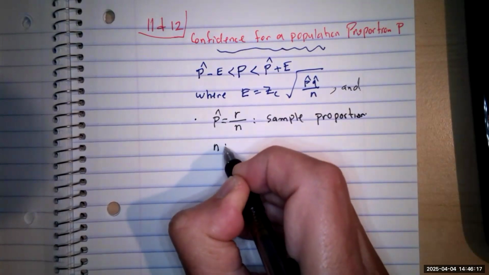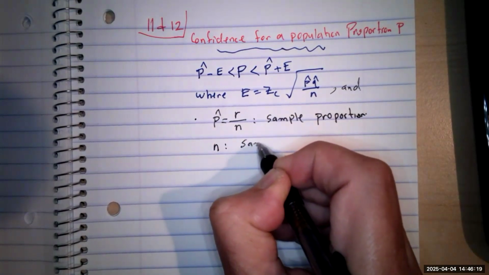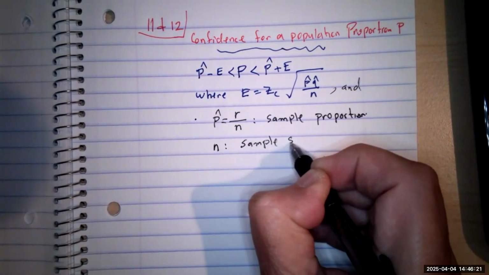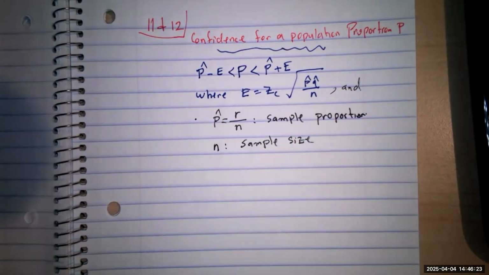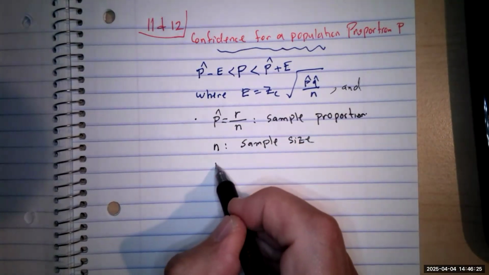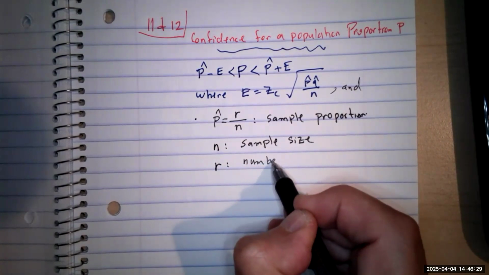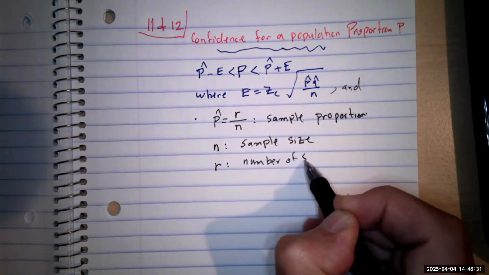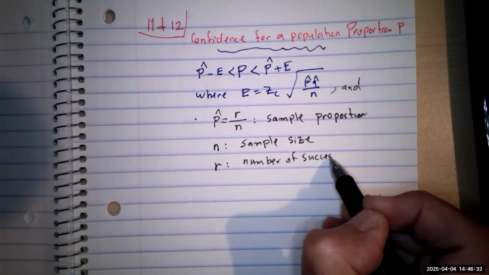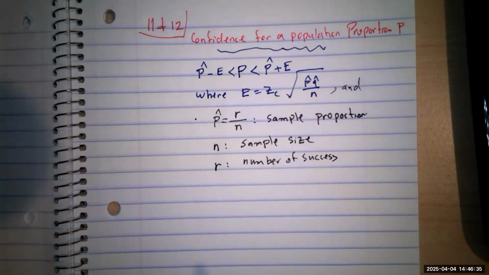N is the sample size. R is the number of successes, because it's a binomial distribution, the number of successes or the item of interest.